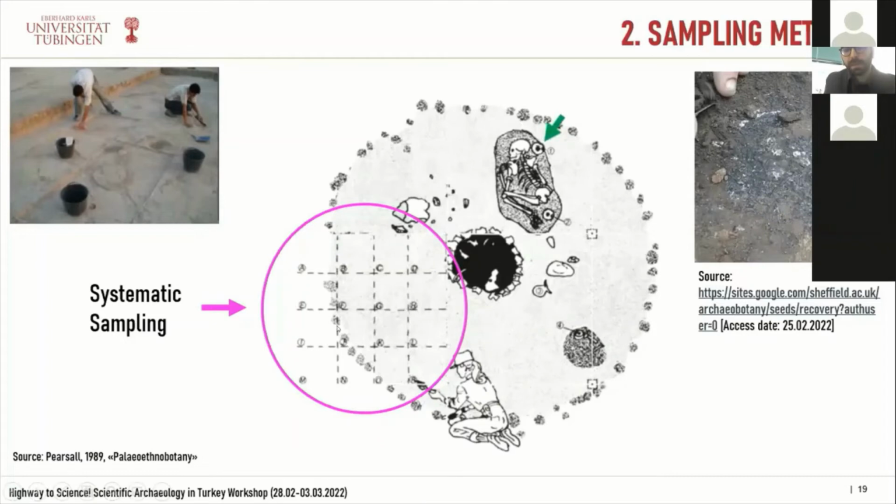Then judgmental sampling could also be applied together with systematic sampling. You can take the samples from, for example, this vessel here, or this hearth feature, this other vessel, and this other feature here.